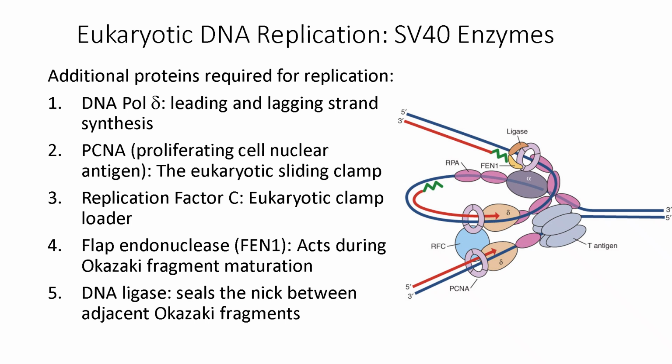Replication factor C serves as the clamp loader, using ATP to place PCNA around the primer template junction. Flap endonuclease, or FEN1, is essential during Okazaki fragment maturation, where it removes RNA primers and associated flaps of DNA. DNA ligase follows to seal the remaining nick, completing the phosphodiester backbone.